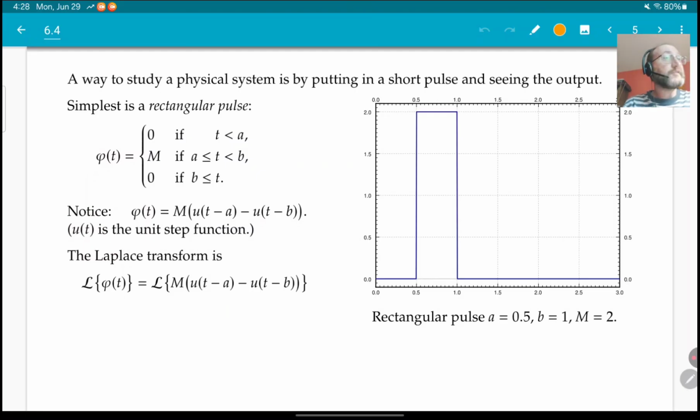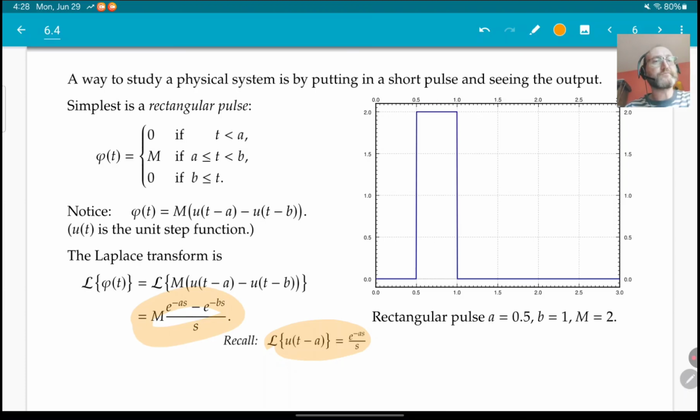So let's Laplace transform phi. We write out what it is and look at the table, where you can see the Laplace transform of the shifted step function. You just plug that in, and this is what pops out.